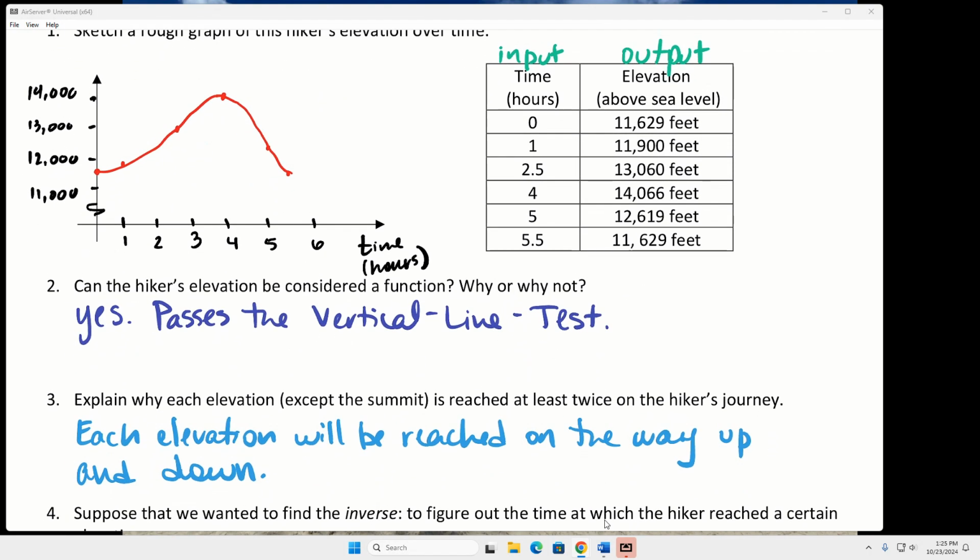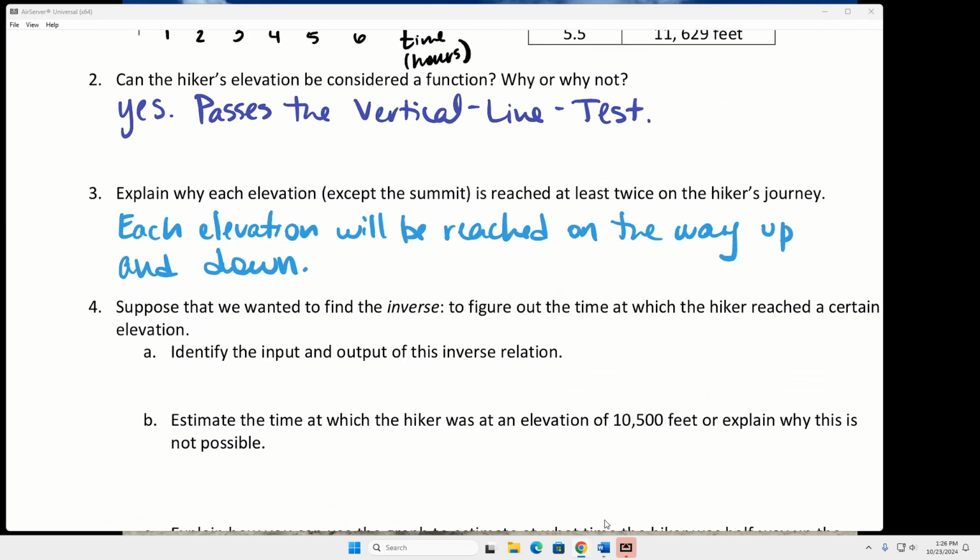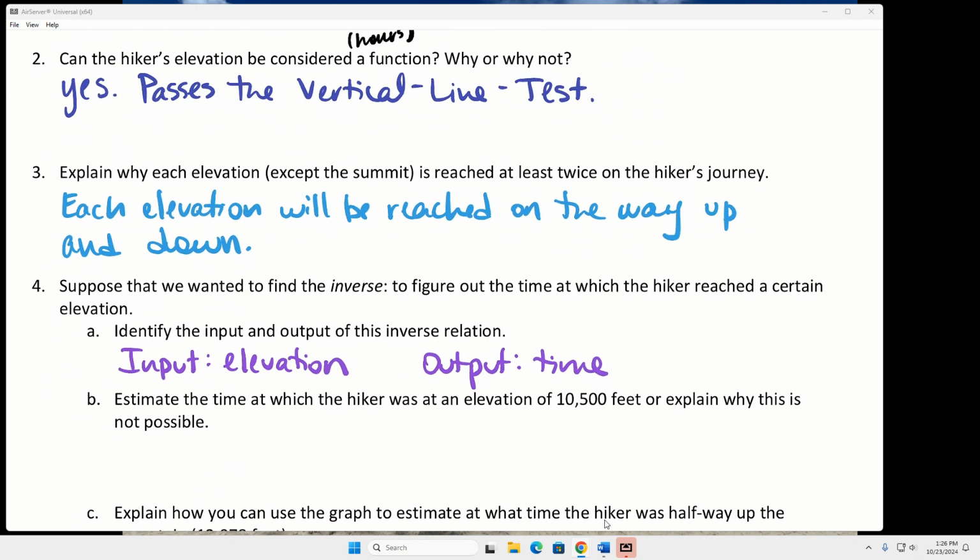The same thing as like switching x and y. So on the inverse function, the input is going to be the elevation, and the output is going to be the time. So you know, like you want to know what time they were at, whatever, 13,500 feet. You could put that into the inverse function and it would give you the time.